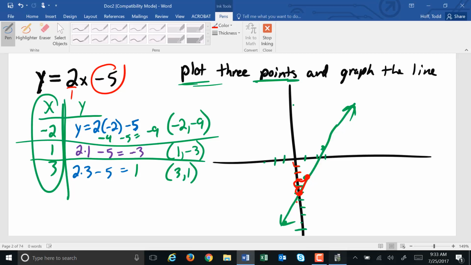Let's do an example and see what it does for us. It doesn't show us how to use the thing.